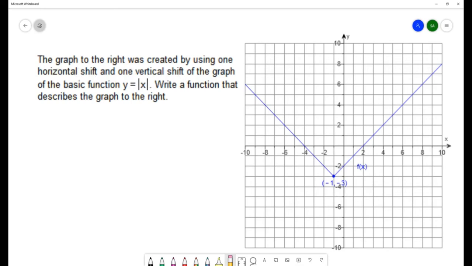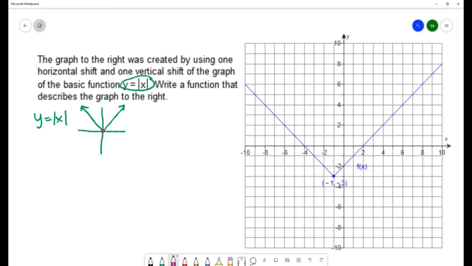So it's helpful if we know what the original graph looks like. Y equals absolute value of x does have this V shape that our picture does, but the turning point that we see here, really it's like a corner where the two lines meet each other.